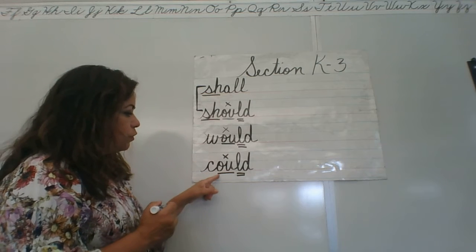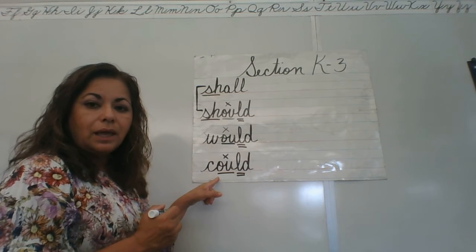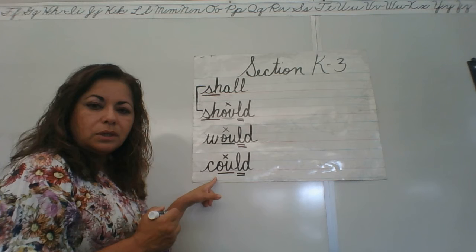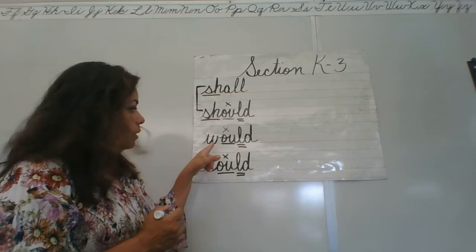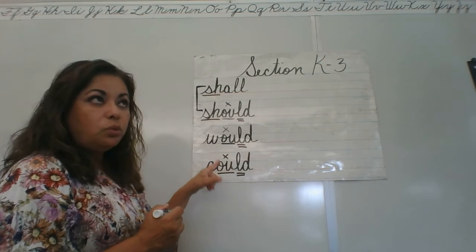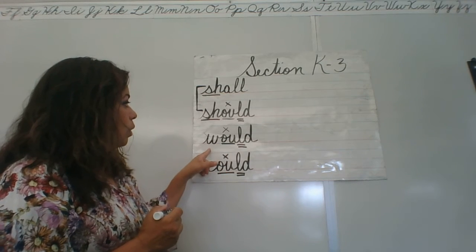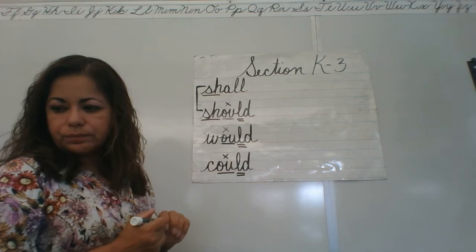Okay, the root word for could is can. Can you please? Could you please? Will you please? Would you please come? So the root word for this is can, will, and shall.